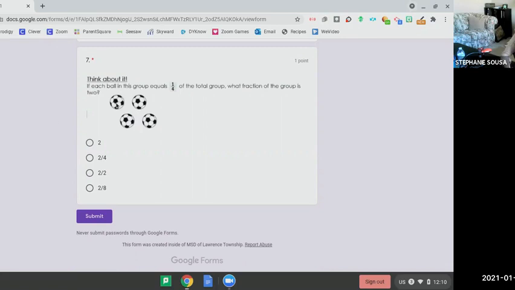So if this ball is 1/4, and this ball is 1/4, and this ball is 1/4, and this ball is 1/4, if I were to have 2 of them, 1, 2, I would have 2/4, okay, because I had 2 1/4 pieces. This is where we got really confused on yesterday's math, so we're going to go over that today, okay? Any questions on that?